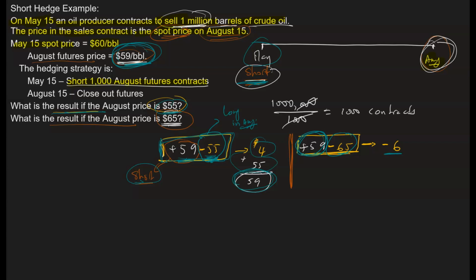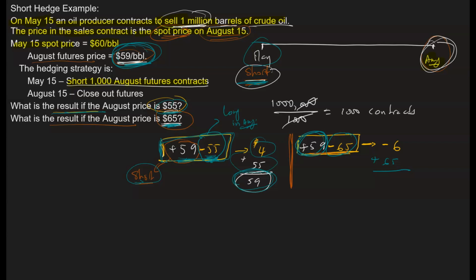Now we go out in the market and we sell. And we're going to sell at the actual price in the market, which is 65. So we're going to sell at 65. And when we sell at 65, what do we get? Well, we sold at 65 per barrel, but we've also lost $6 per barrel because of the contract.